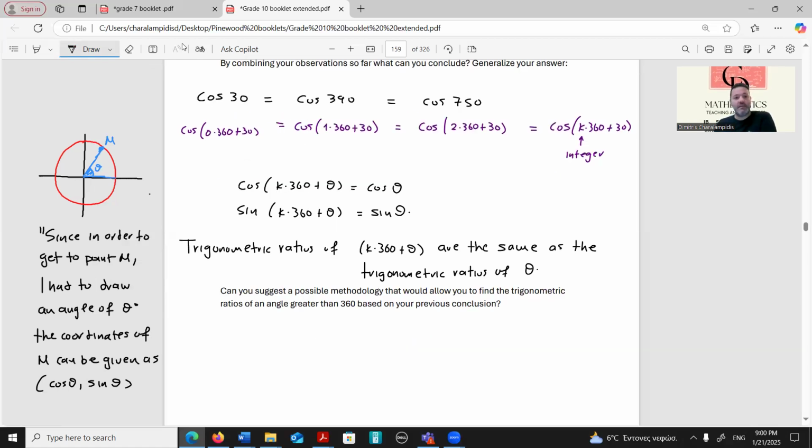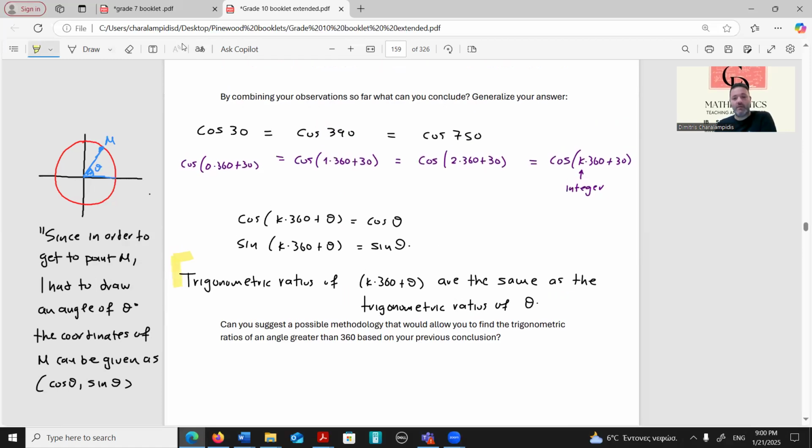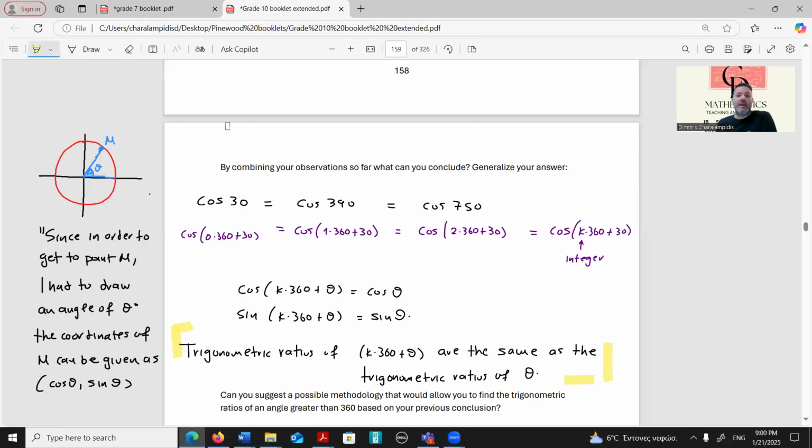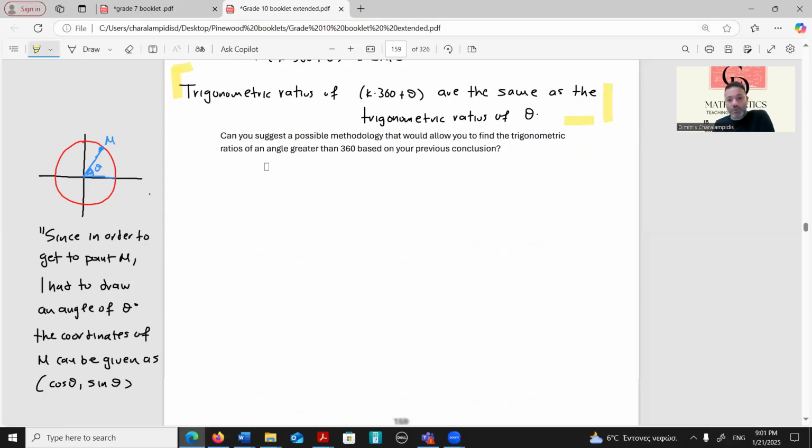And that is the important part. Now, can you suggest a possible methodology that would allow you to find the trigonometric ratios of an angle greater than 360 based on this conclusion?